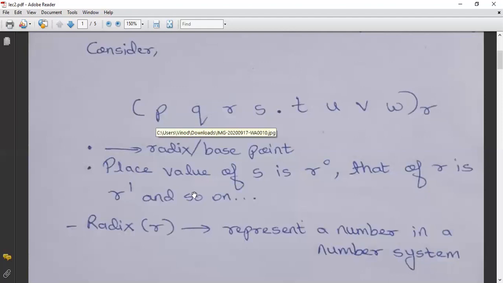On the other hand, to the right side of the radix point, the R index will change.